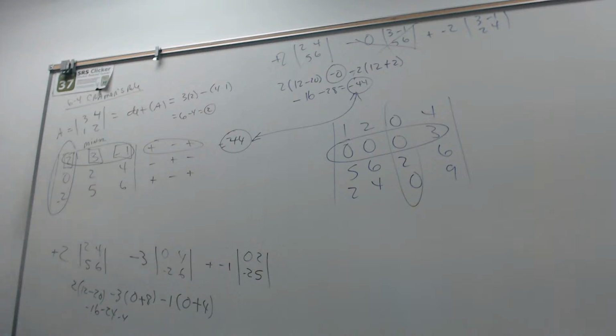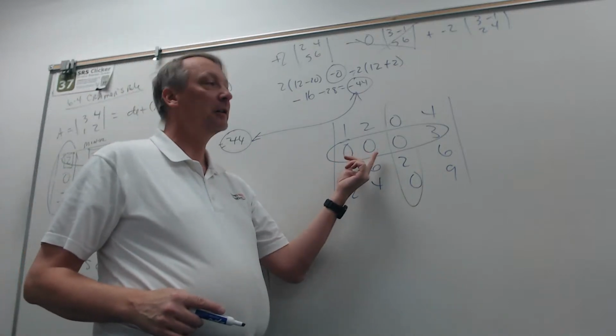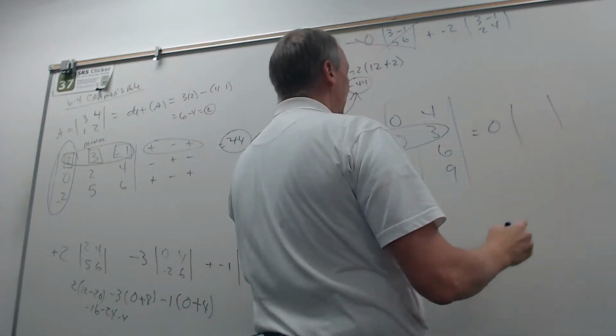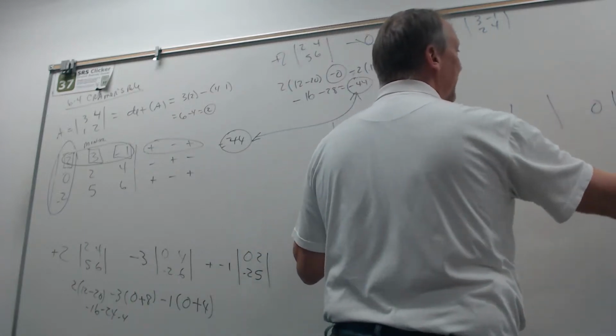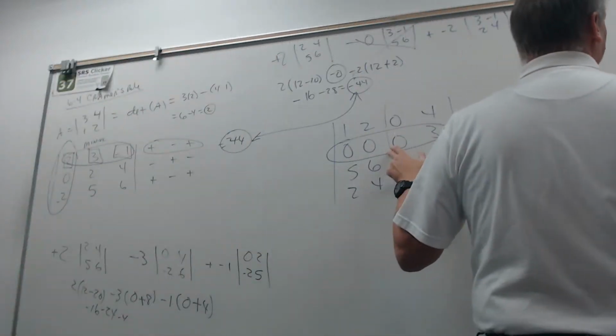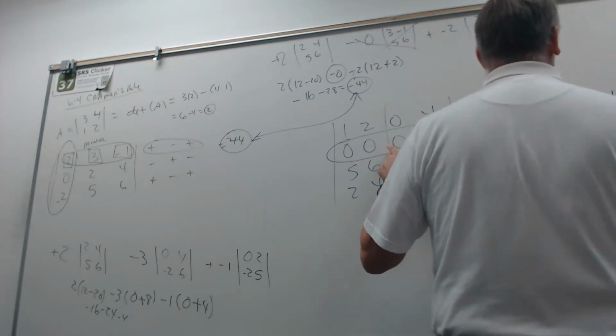So if we expand by this minor, I'm going to get 0 times something, 0 times something, and the signs really don't matter because it's going to be a bunch of zeros. Then 3 times something, and this last one does matter.